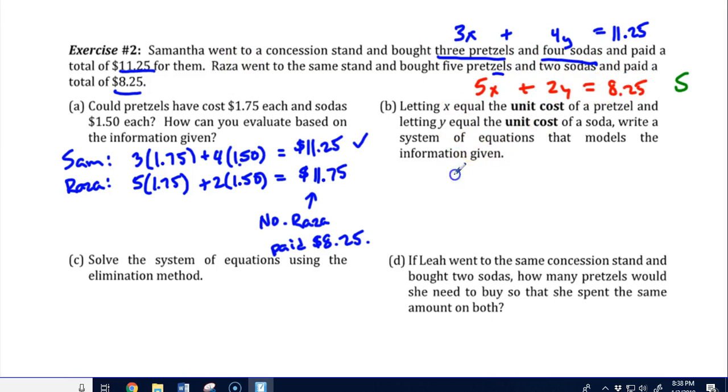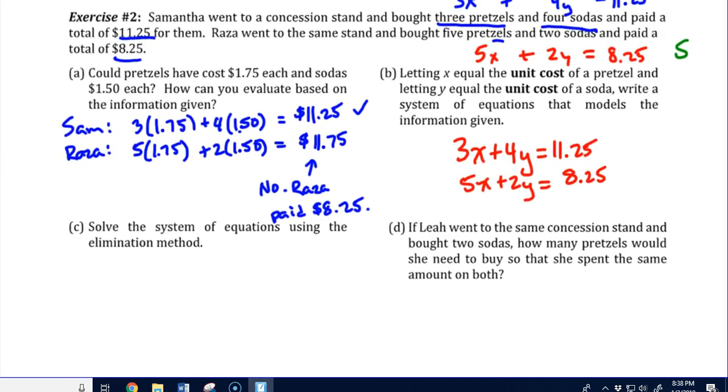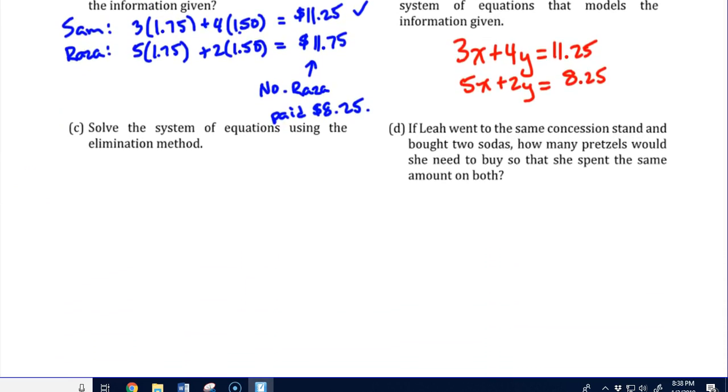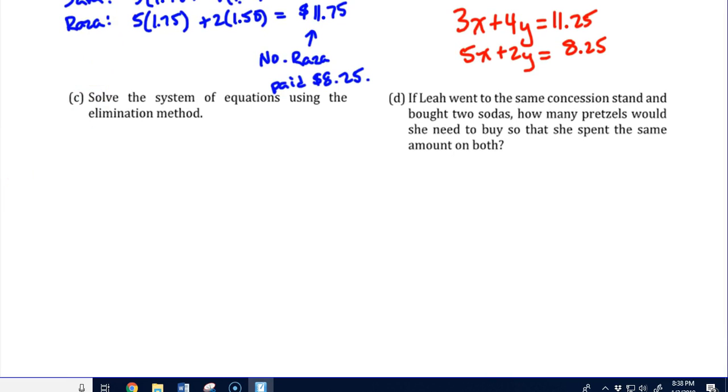So now we've got our system. 3x plus 4y equals $11.25. 5x plus 2y is $8.25. Part C just says solve this system. So hopefully you have some techniques in mind, allow you to solve this, get as far as you can, then play the recording.